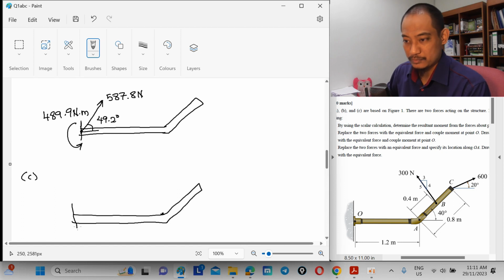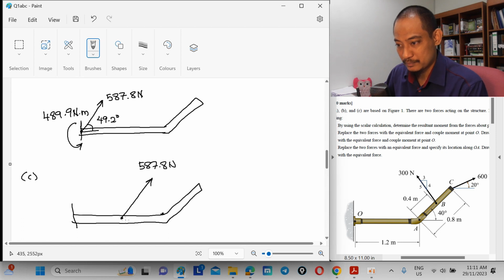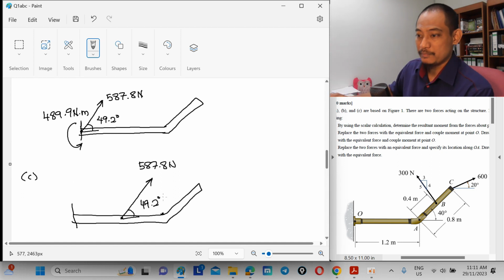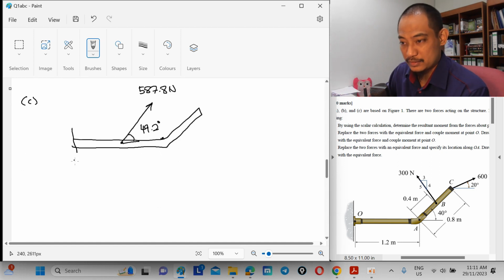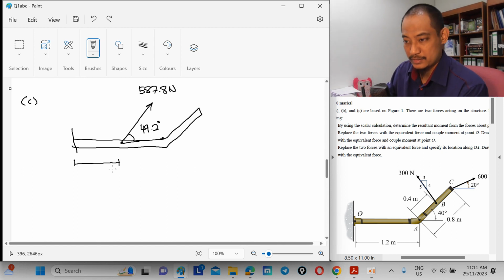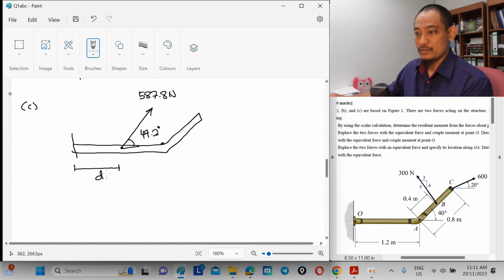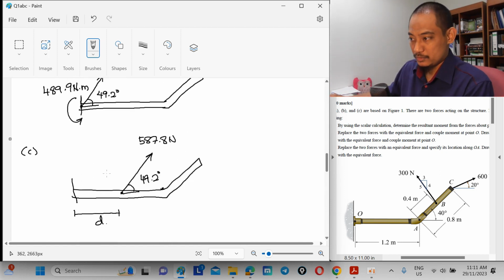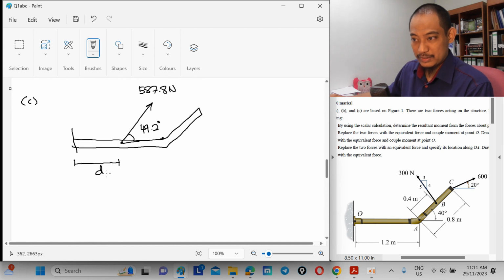So if we have only force 587.8 Newton and 49.2 degrees, what is this distance here? Let's say d.